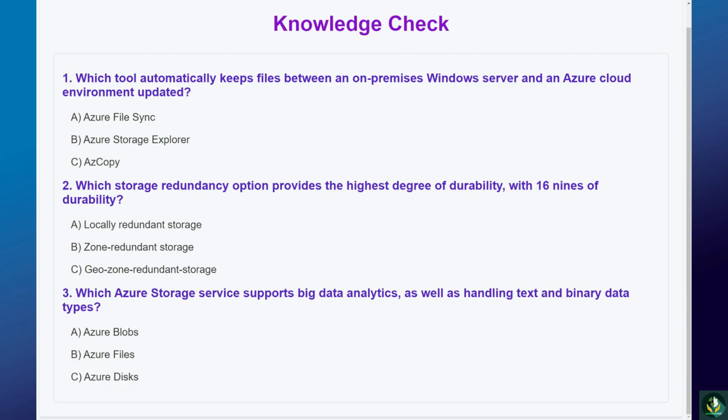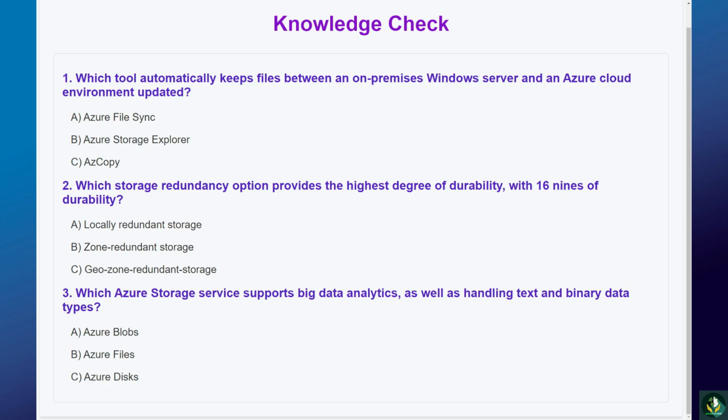It provides bidirectional synchronization, ensuring that files are automatically updated in both environments. Azure Storage Explorer is a management tool, and AzCopy is a command-line utility for file transfer, but neither provides automatic, ongoing synchronization, like Azure File Sync.